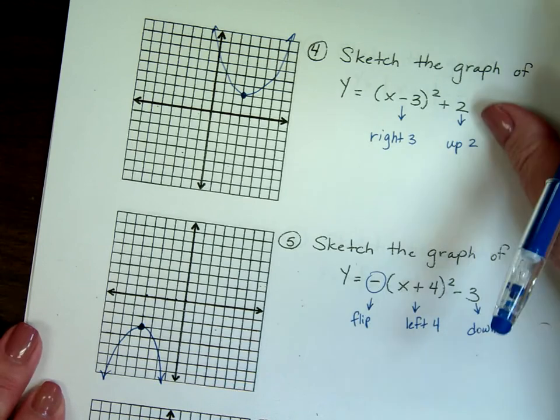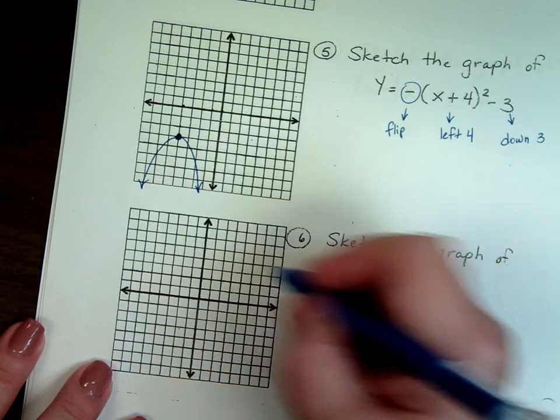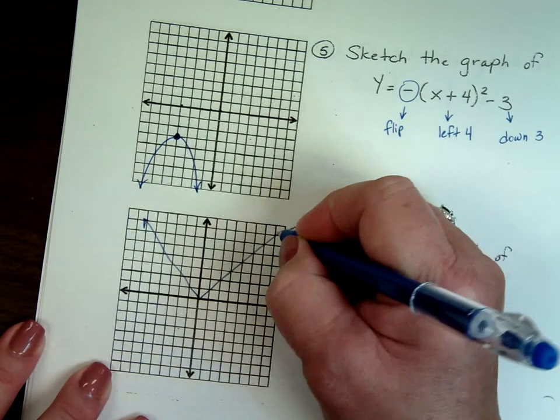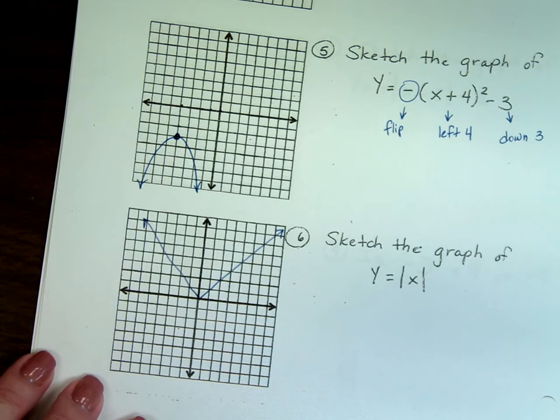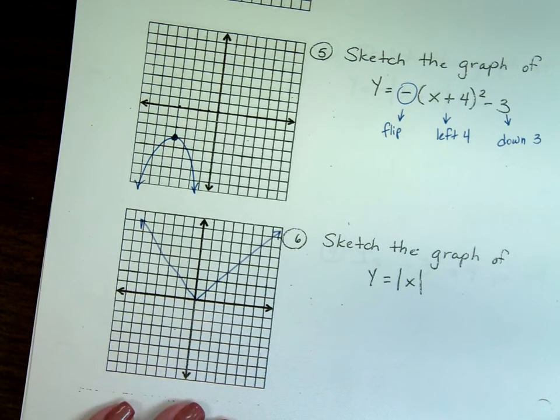How about though if I had the absolute value graph? Does that change things up any? Now we know the absolute value graph is a V, with the V happening at 0, 0 at the origin. But when you're sketching the graph, the same movements work the same way with the absolute value graph.